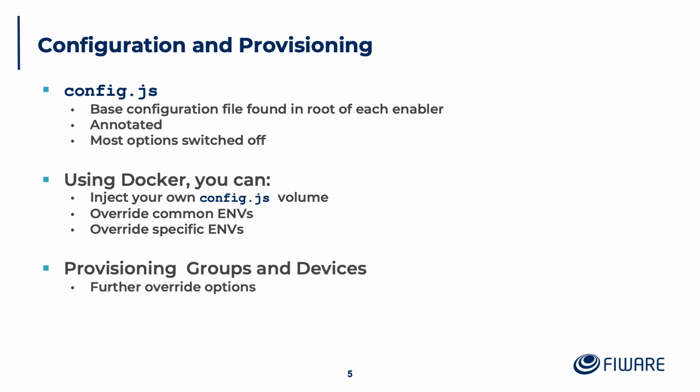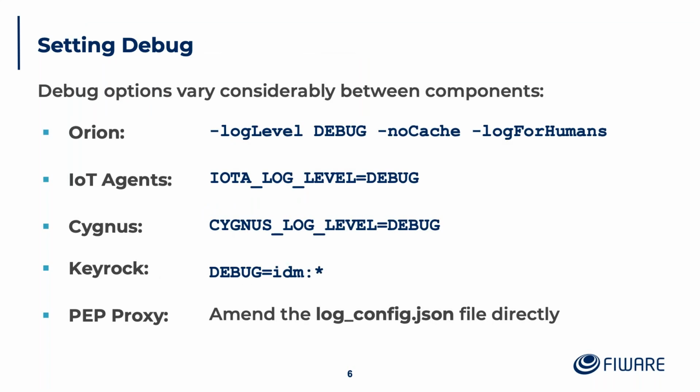So, when you are setting debug in your various parts of your FIWARE system, it will vary considerably depending on the components you're using. I'm just showing examples of some of the syntax.